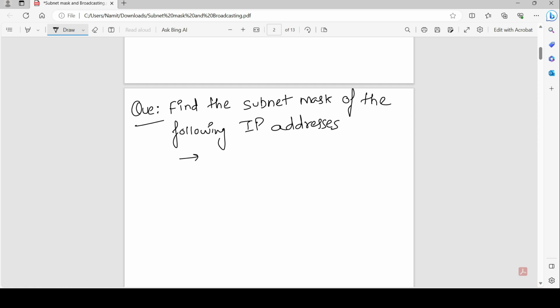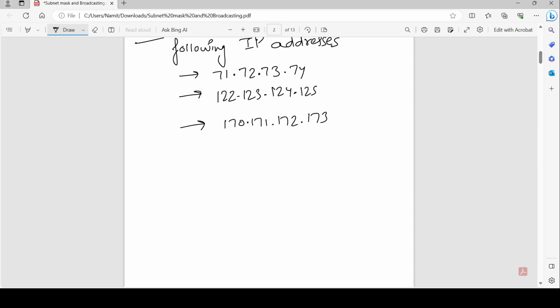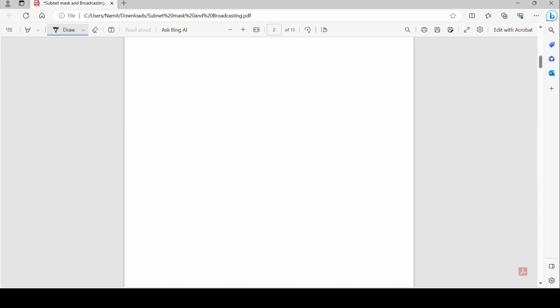The first one that I'll give you is 71.72.73.74. Second one is 122.123.124.125. Third one is 170.171.172.173. So you are supposed to solve these 3 parts of the question as your homework. Okay, your homework is not that extended. Alright, got it?